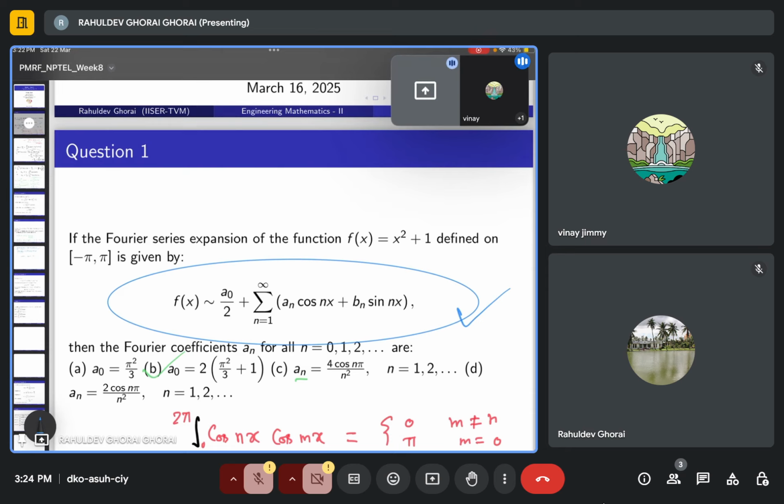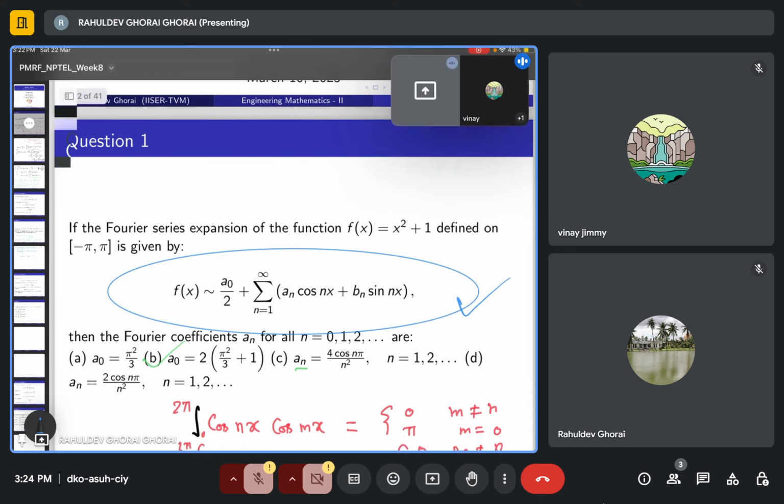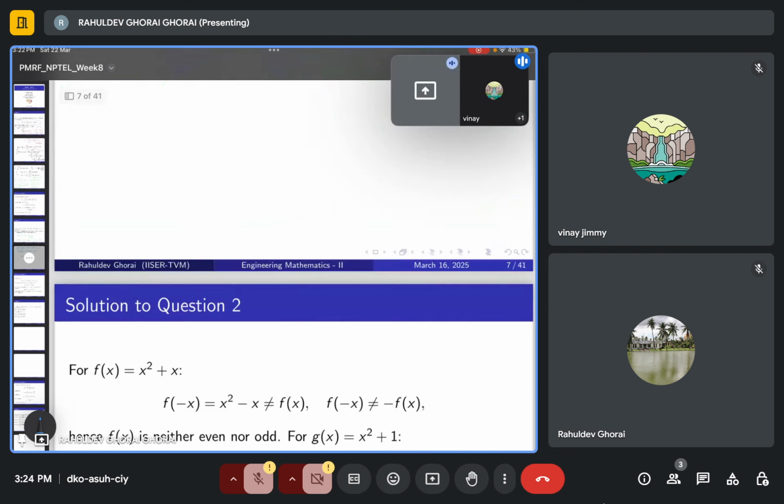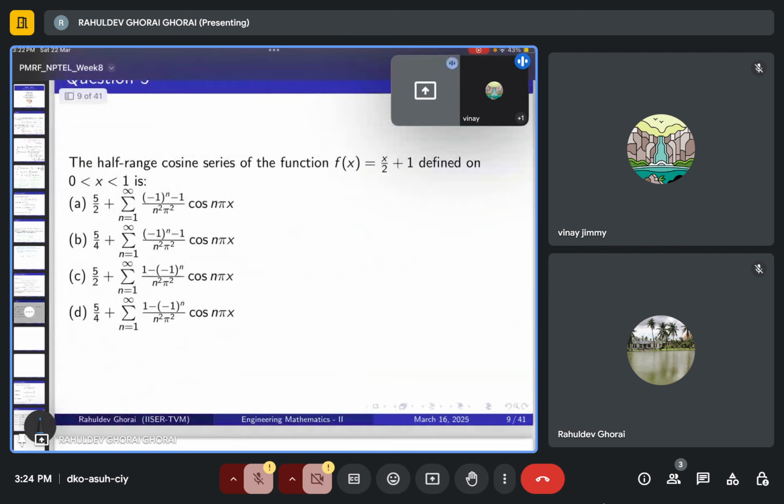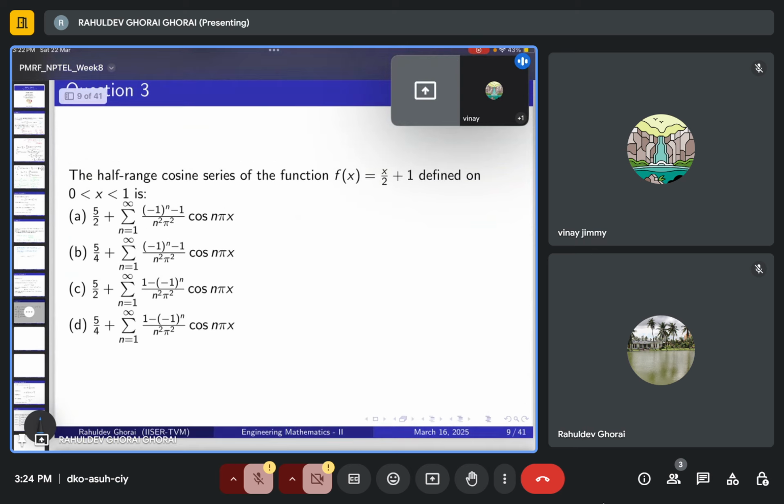But what will be the formula for the half range cosine series? If you see here, the interval is from 0 to 1, right? So x is from 0 to 1.